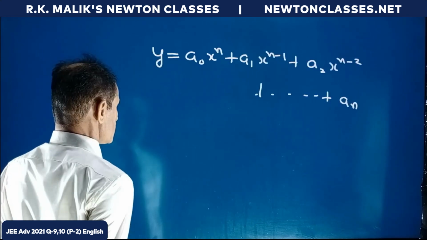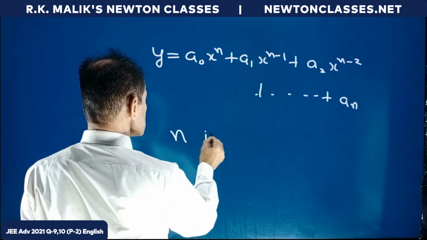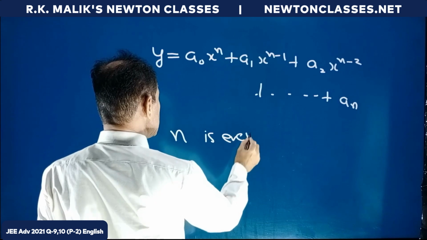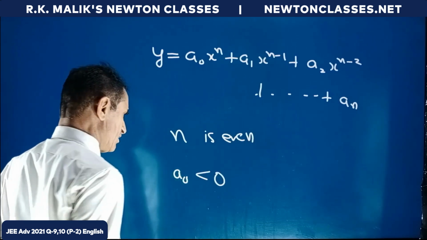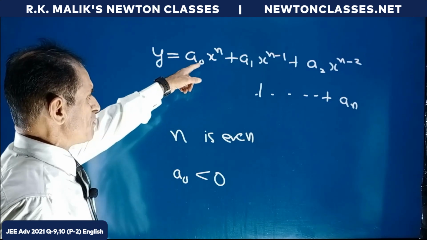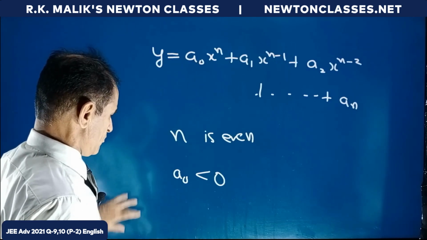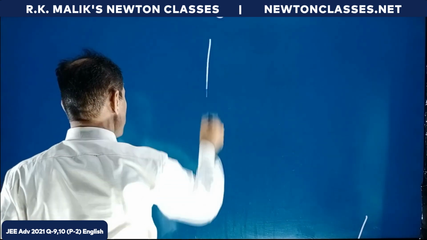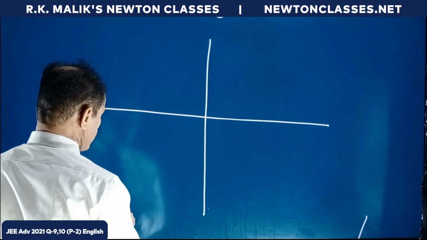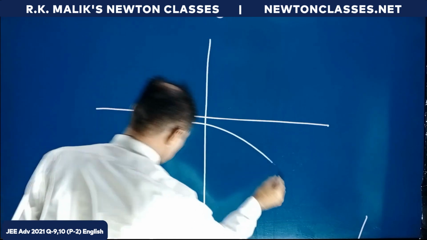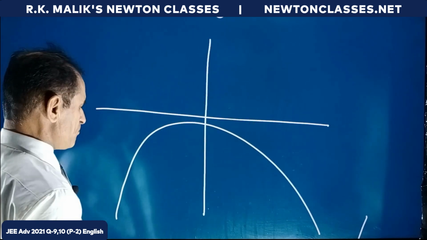And lastly, if n is even and a0 is negative, that is, the coefficient of the maximum power of x is negative, the graph will always be of this type. The graph will come from below and finally always go below.